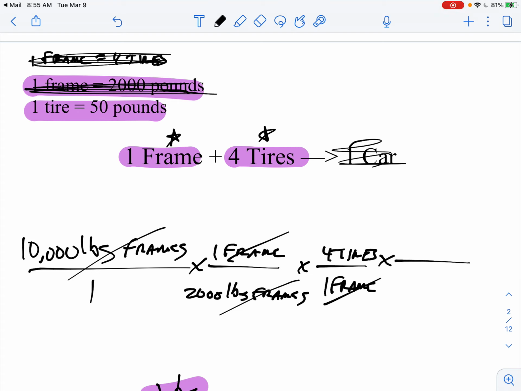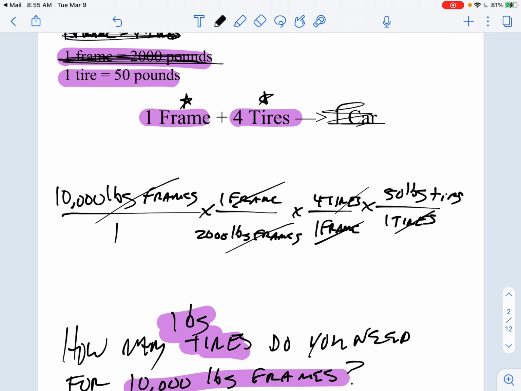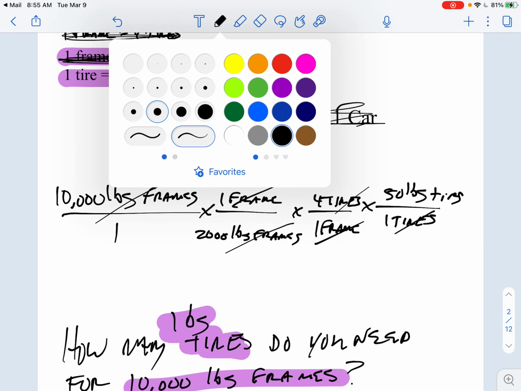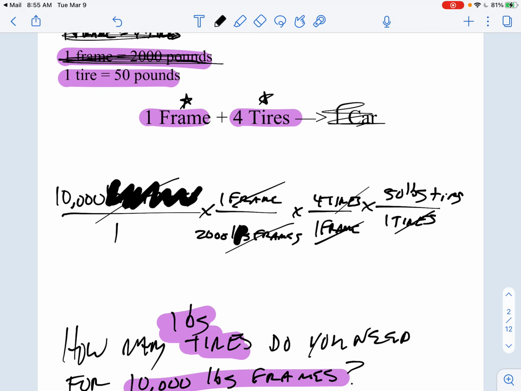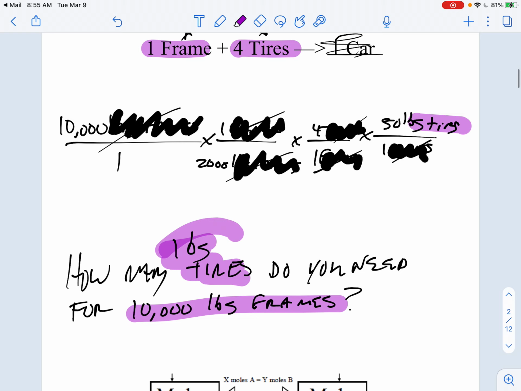And now I'm going to multiply it by 1 tire down here and 50 pounds of tires up here so that my tires cancel. And now you'll notice everything is canceled here. Pounds of frames are canceled, frames are canceled, tires are canceled, and the only thing I am left with is pounds of tires, which is what I'm being asked for in the problem. At this point, you pick up your calculator and do the math.